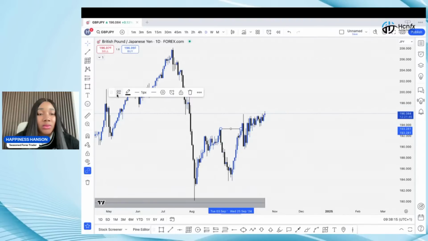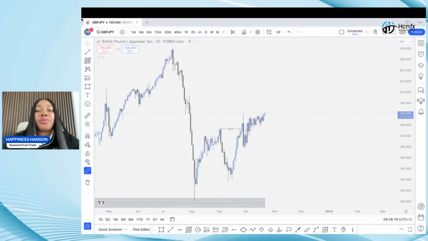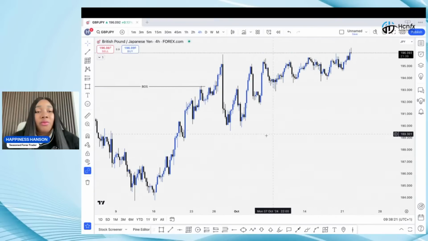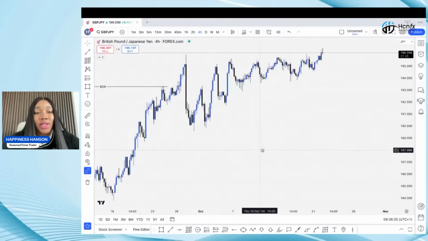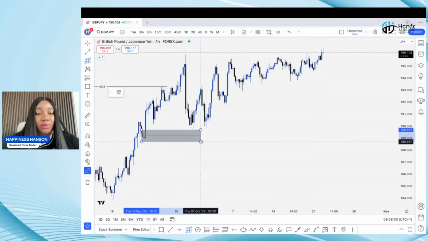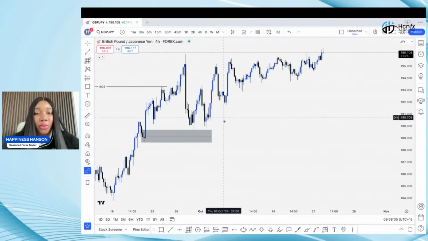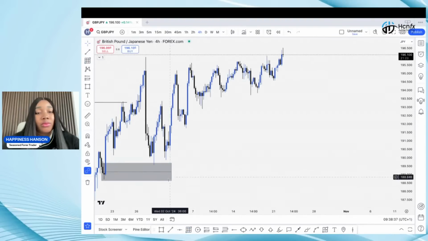This is the most recent structure. Now, viewing from 4 hours so that we can understand what is going on here. From 4 hours, the break of structure, market reacting off this particular origin to push up. And now we have internal break of structure here.